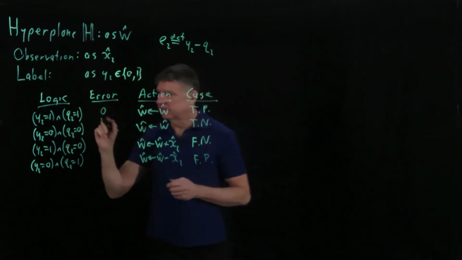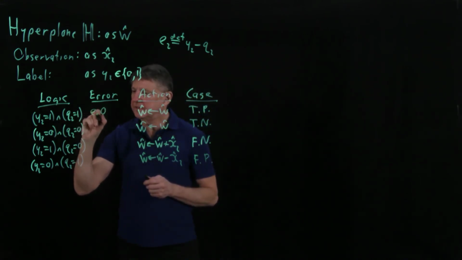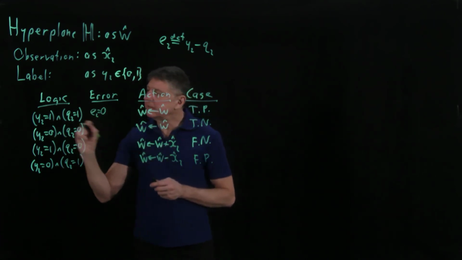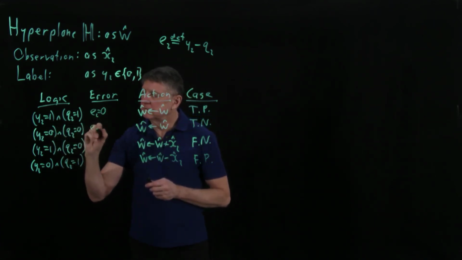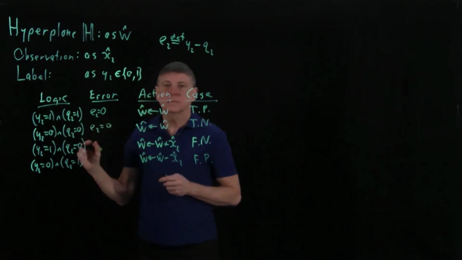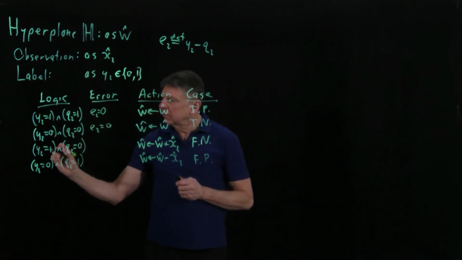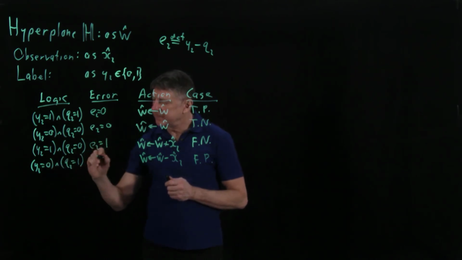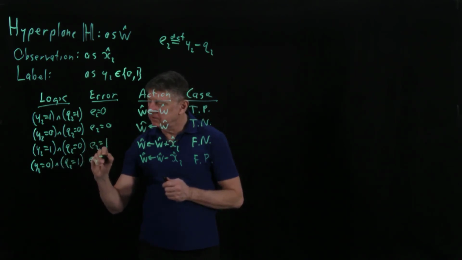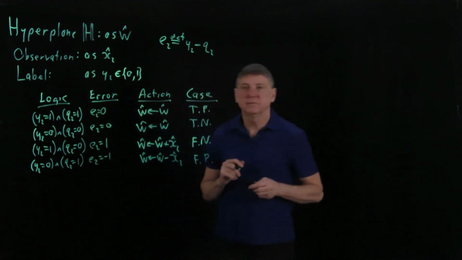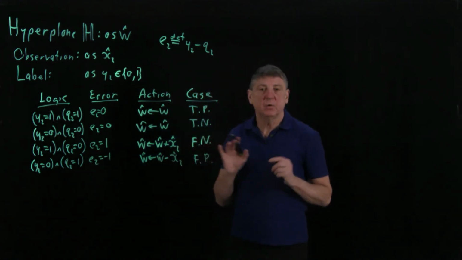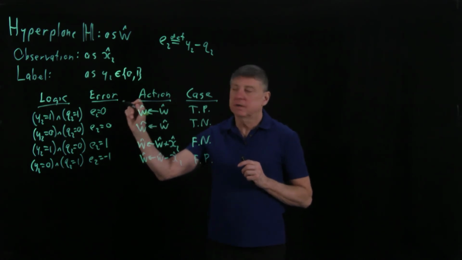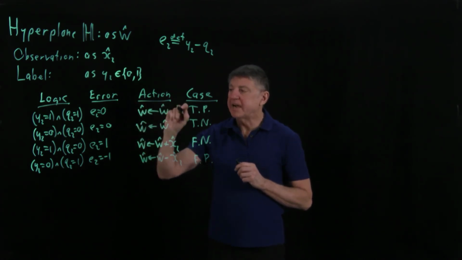And the error here is 0. So let's write e_i equals 0. And here the error is 0. Here our error is 1, and here our error is minus 1. And now we can match these error values with the action.